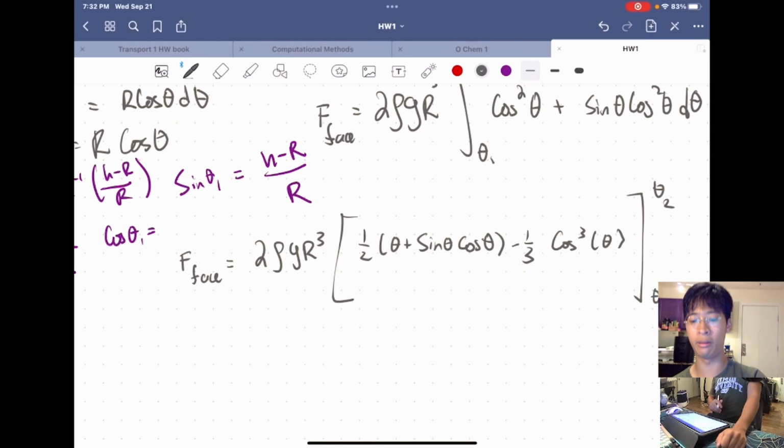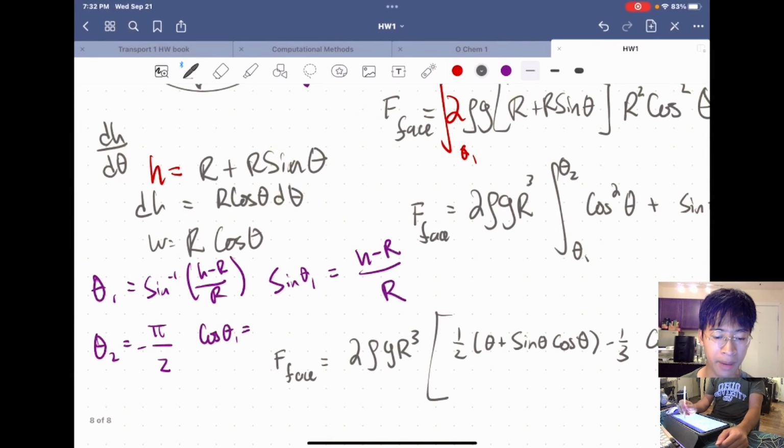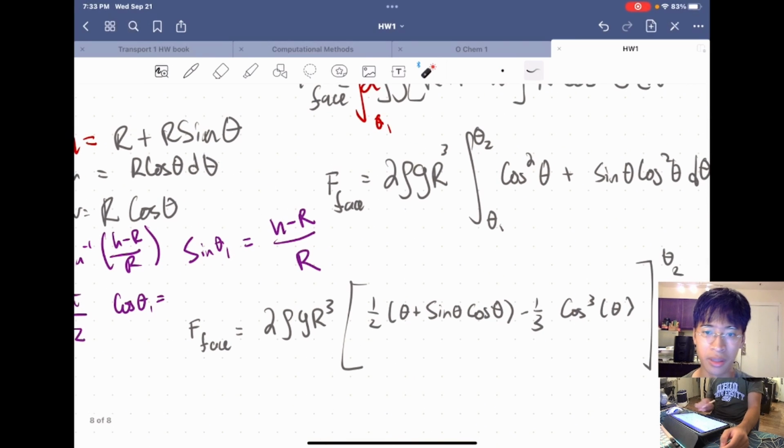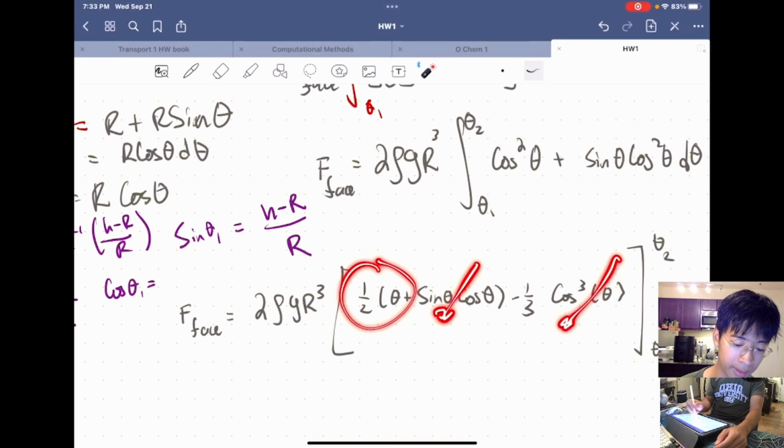So let's evaluate that at theta 2. Theta 2, recall, is negative pi over 2, and that's rather convenient because we have several cosine terms in here, and as you know, cosine of pi over 2 is always 0, so this goes away, that goes away. We're just left with this.